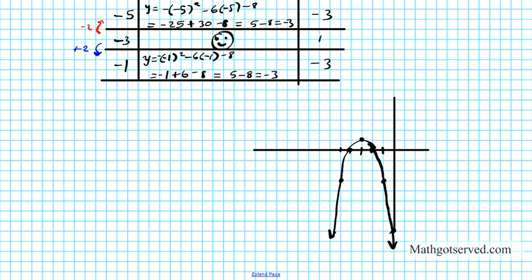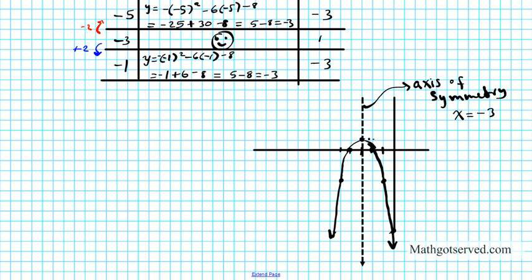Now just to label the graph, this is the axis of symmetry. Let's label that. Axis of symmetry. And the equation is x equals negative 3.